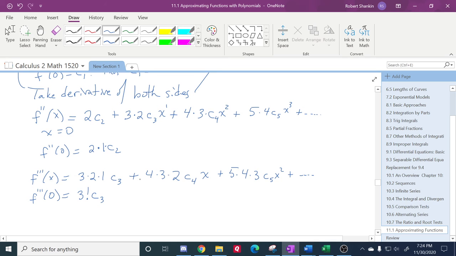We keep doing this process. We take the derivative again, and you're going to get a 1 showing up right here, and this 2 is going to show up right here.